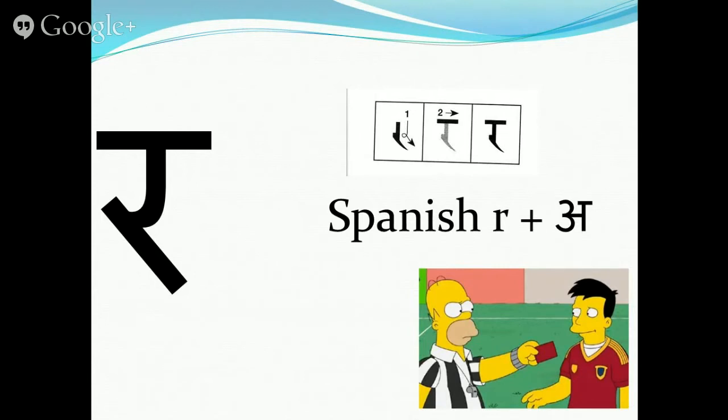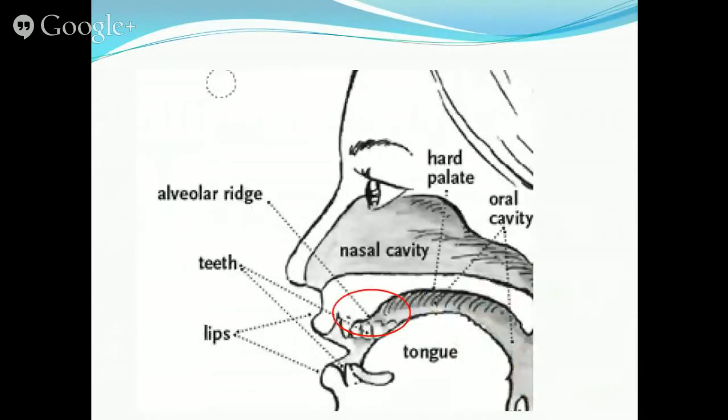Right? So here we're going to get a little familiar with your mouth. Might as well start now because it's going to become important in a few weeks. If you take your tongue and move it from the back of your front teeth all the way up to the roof of your mouth, just slide it along, you'll notice that there is a bump behind your front teeth.